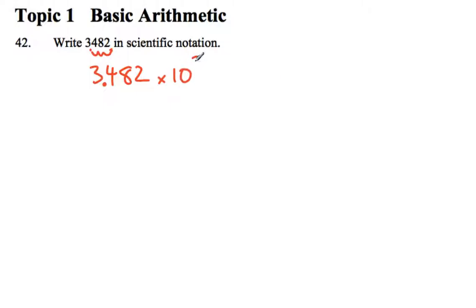But 1,000, I'm here to tell you, is 10 to the 3. So we had to move the decimal point 3 jumps across there, and so we indicate that by having a 3 on top of our power there, and that's scientific notation. We've got a number between 1 and 10 at the front times 10 to the power of something. So 3.482 times 10 to the 3.